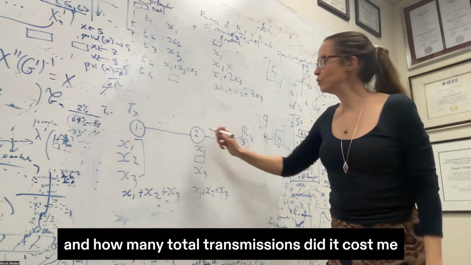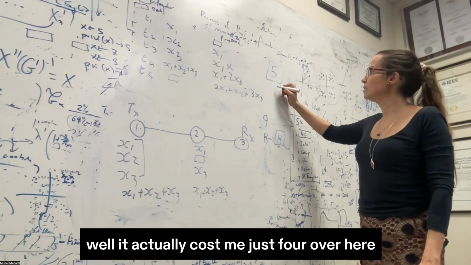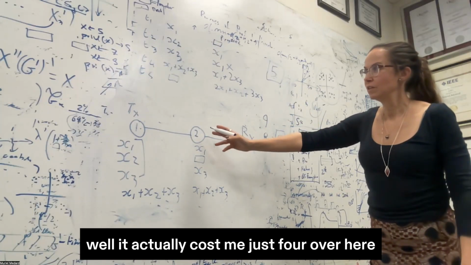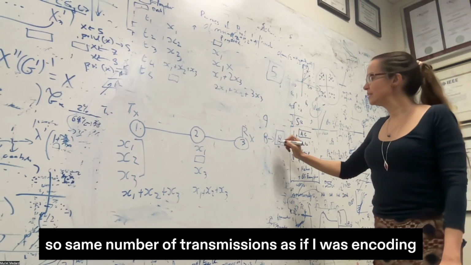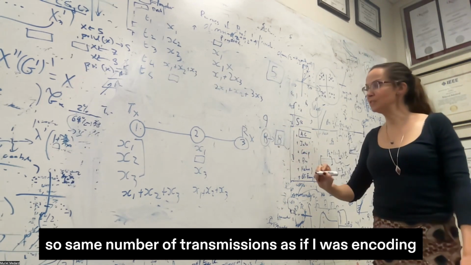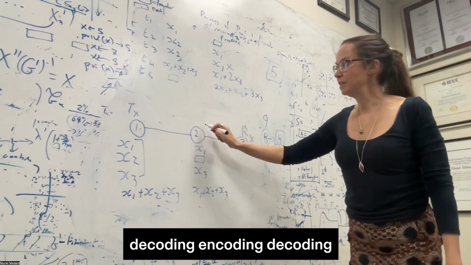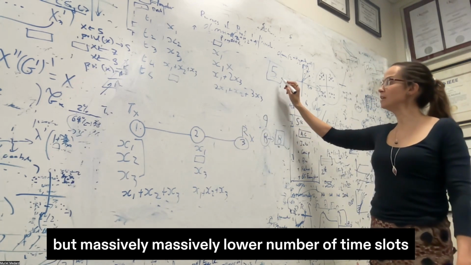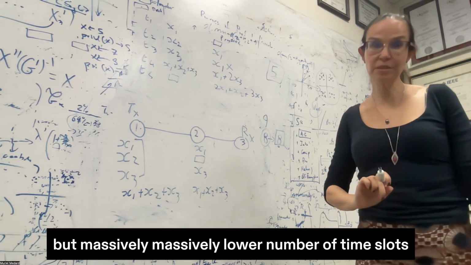And how many total transmissions did it cost me? Well, it actually cost me just 4 over here and 4 over there. So same number of transmissions as if I was encoding, decoding, encoding, decoding, but massively lower number of time slots.